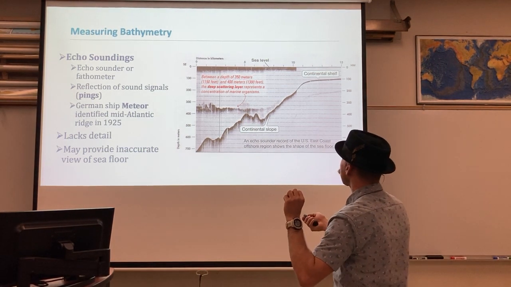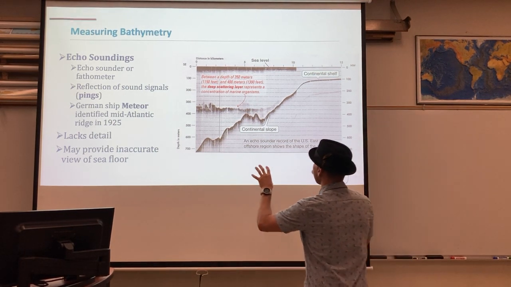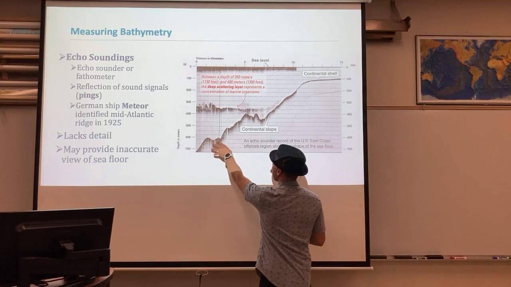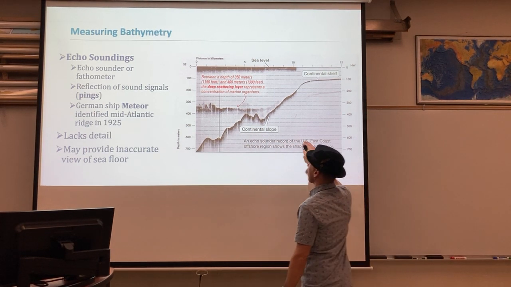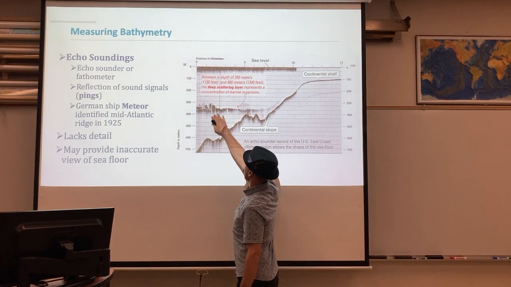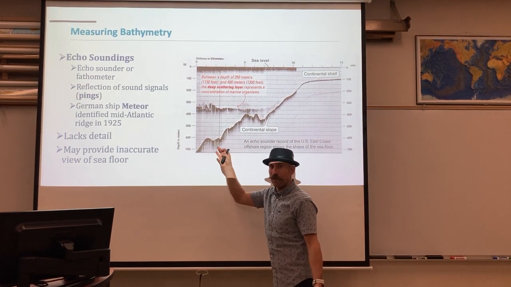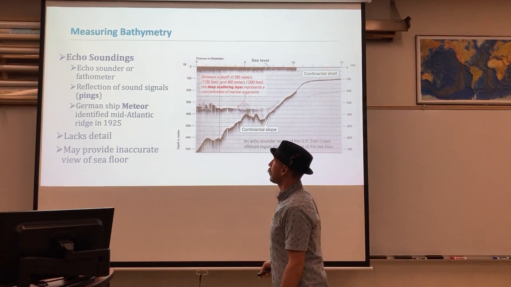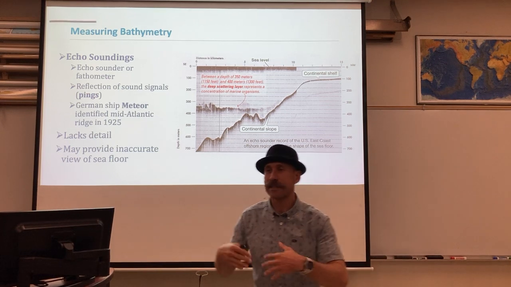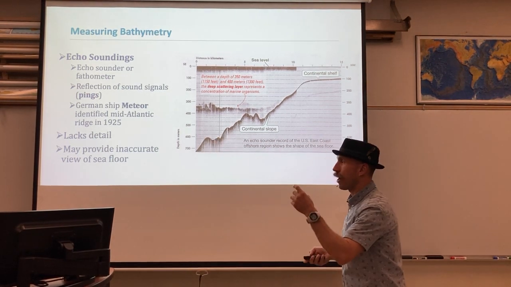And it creates a two-dimensional map, but it lacks significant details and accuracy. It might even be slightly inaccurate, as the pings could reflect off of other layers that aren't the seafloor. But this started in 1925, and it's a step above line soundings or sounding lines.